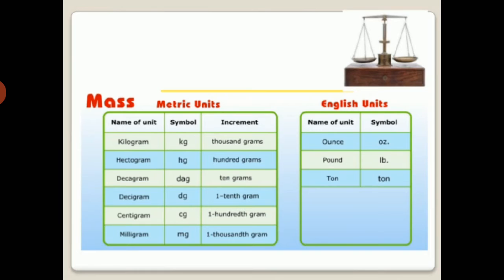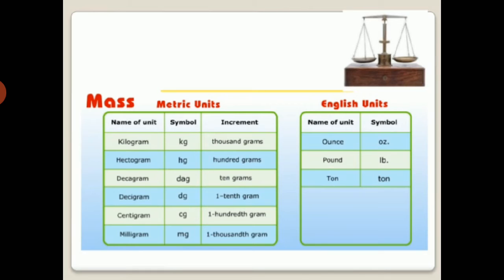Decigram is denoted by the symbol dg, and it is measured in 1/10 gram. Centigram has the symbol cg, and it is measured in 1/100 gram. Milligram is denoted by the symbol mg, and it is measured in 1/1000 gram. For the English units, the ounce has the symbol oz. Pound is denoted by the symbol lb, and ton is denoted by the symbol ton.